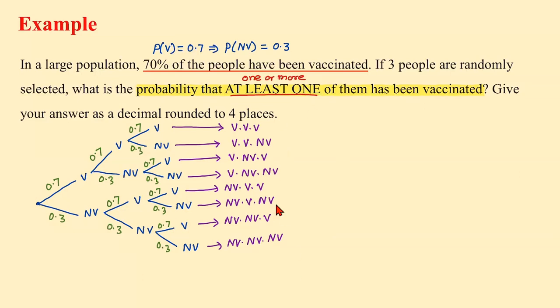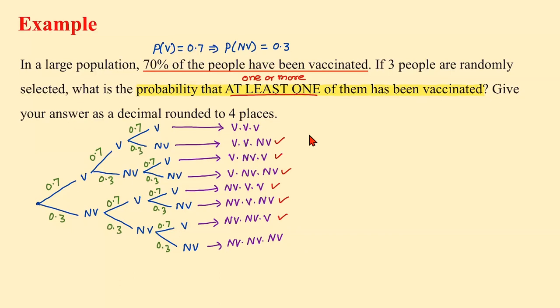So if we look at all these possibilities, here none of them are vaccinated, but here you can see one of them is vaccinated. Here we have more than one, and because we are looking for one or more, that is counted. Here also two of them are vaccinated, which is more than one.